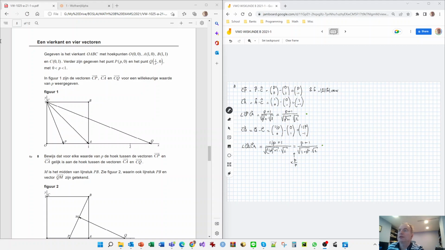So this means a vector pointing to P from C, a vector pointing to A from C, and a vector pointing to Q from C. And then we have to prove that for every value of P, the angle between CP and CA is equal to the angle between CQ and CA.